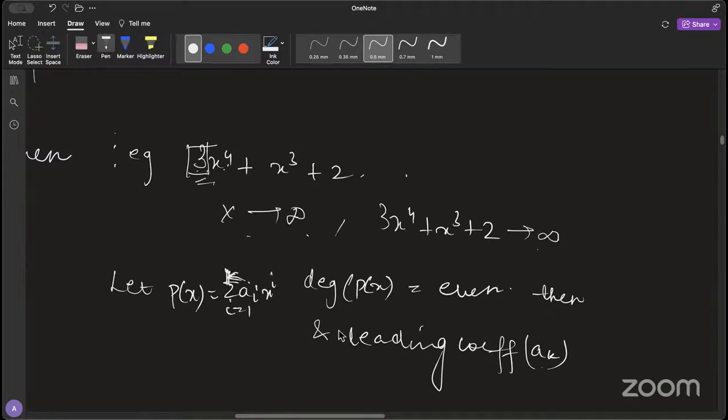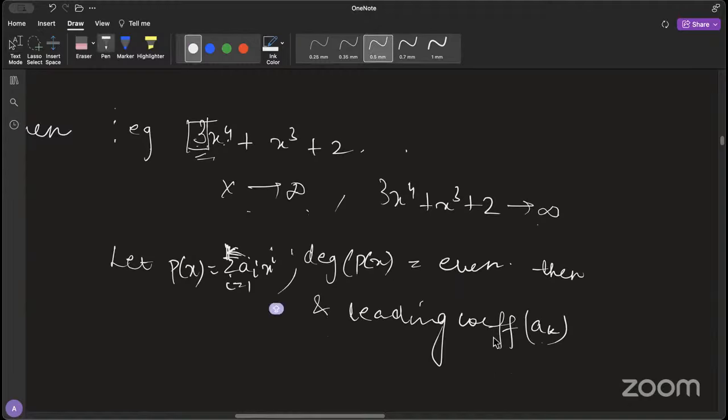And if your k is even, like in this one, and the leading coefficient, that is ak. This thing is a naught plus a1x plus so on, ak x to the power k. So this is called the leading coefficient, ak.